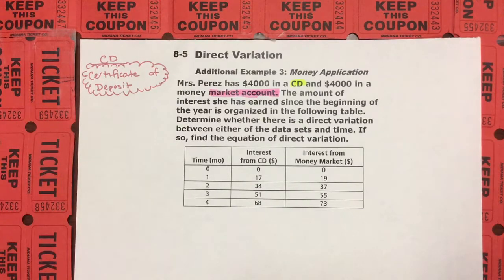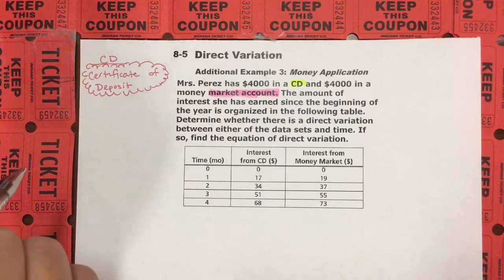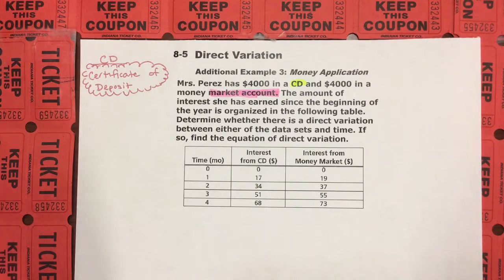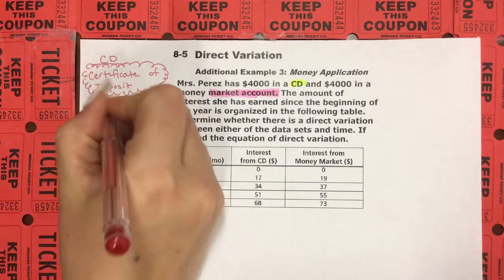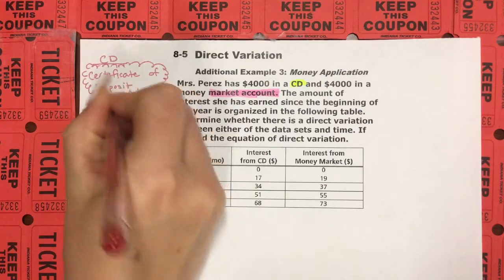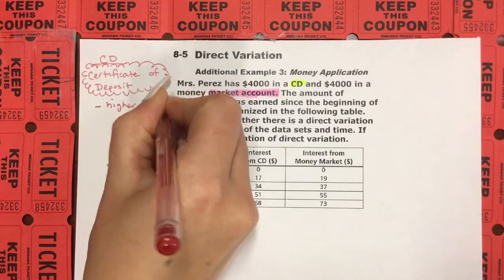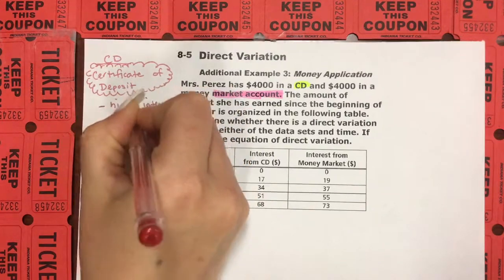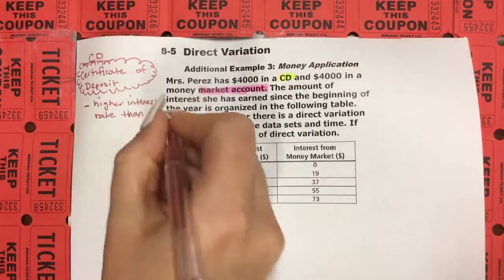But a CD is a special type of savings account, and what that means is a CD usually is for a significant amount, usually $100 or more, and they usually have a higher interest rate than a savings account.